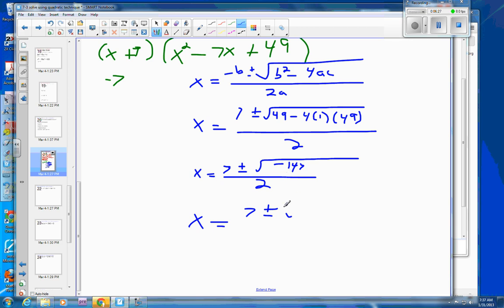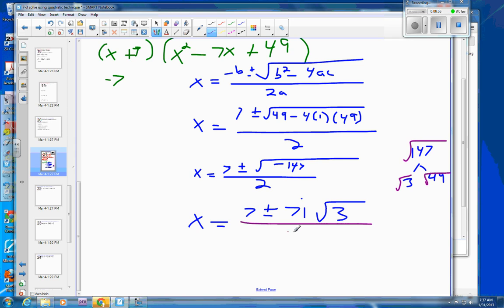So I can pull the 7 out, and I can pull the i out, leaving the 3 inside. Again, 147 factors as 3 times 49, and so the square root of 147 is equal to the square root of 3 times the square root of 49, which is where this 7 came from. And all that is over a 2. And that's as far as that one goes.